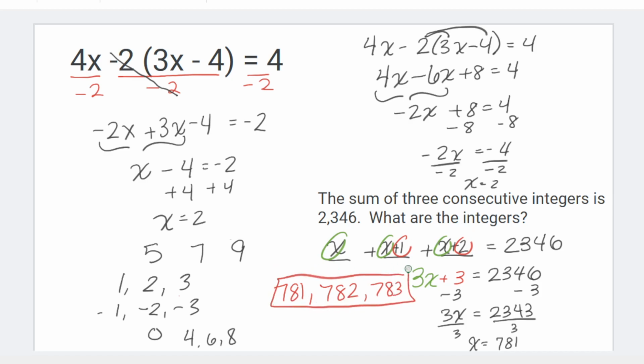Now I do want to address, what if it said consecutive odd integers or consecutive even integers? Well, to hop from odd to odd or from even to even, it hops by 2's instead of 1's. So we would double these values here. So if it was odds, it would say x plus 2, x plus 4. And if it was evens, it would also say x plus 2, x plus 4. And so that's just a little change that would get you to the same place.